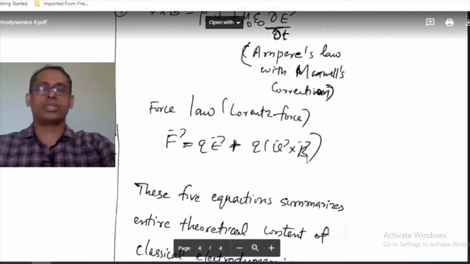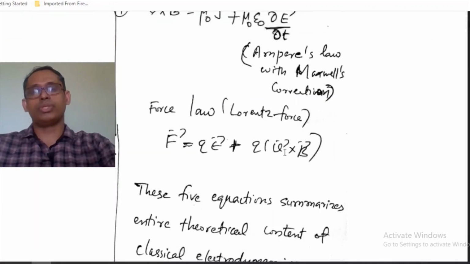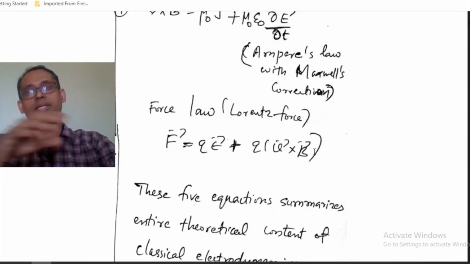Then we have the Lorentz force law, which is F = QE + QV×B. This is the force experienced by a charge in a combined electric and magnetic field.